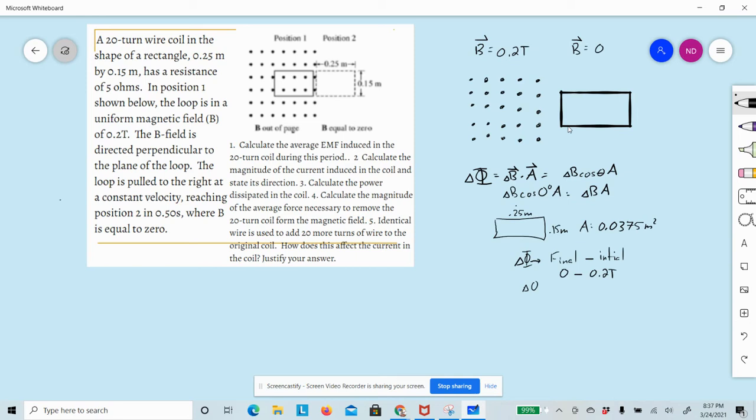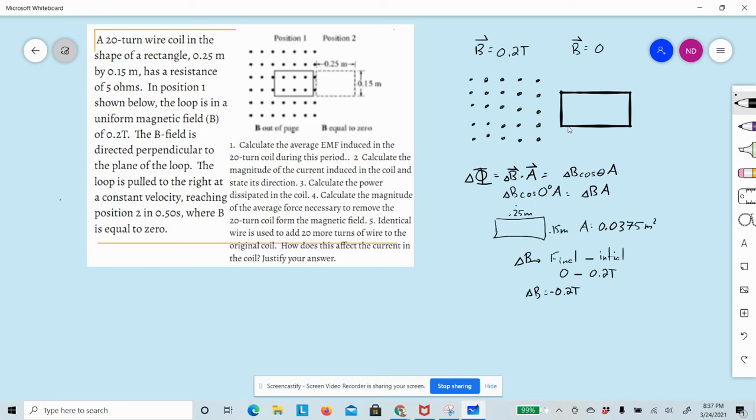I shouldn't say delta phi, I should say delta B, just the magnetic field. The delta B in this case will be 0 minus 0.2, which is negative 0.2 of a Tesla.